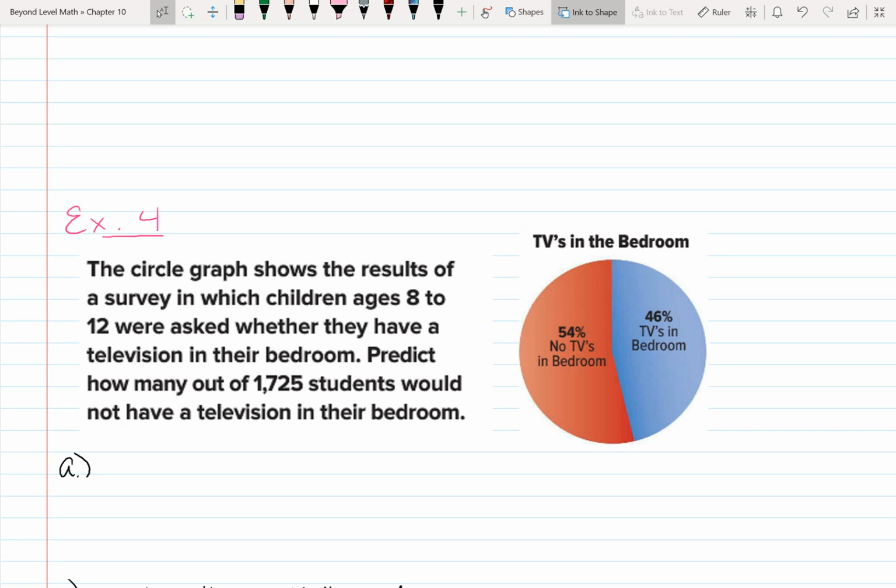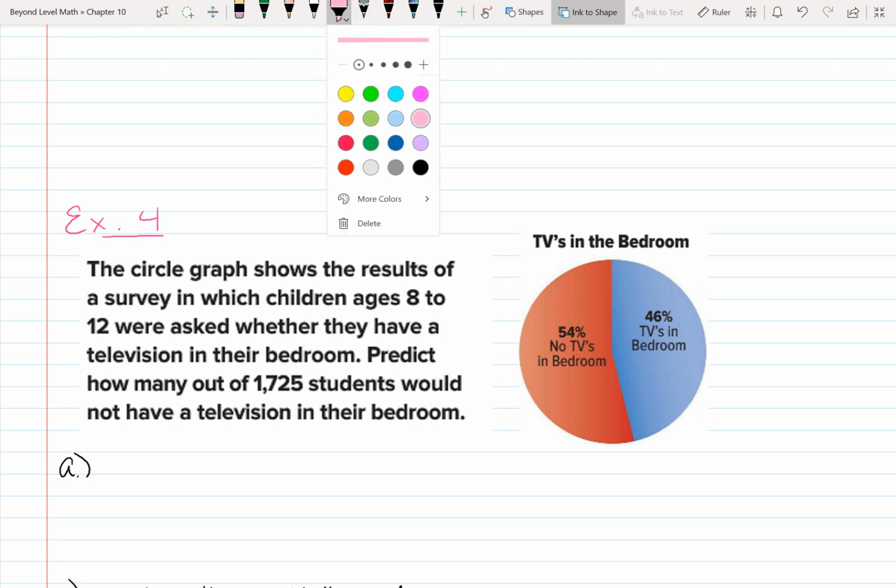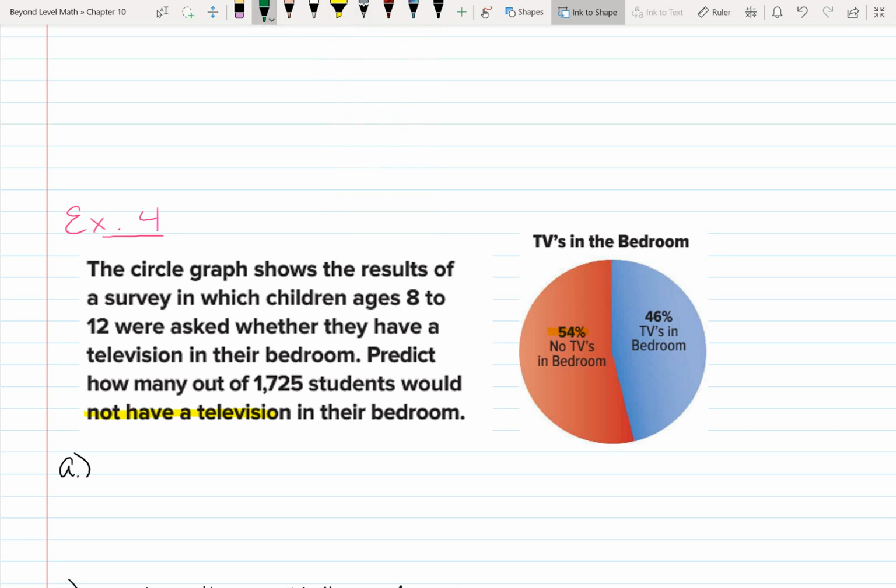So I will say our most common mistake is to use the wrong percentage. It says not have a television, so make sure you are using the correct number. Right now we're working with the 54%. Predict how many would not have a television. Alrighty, so we're going to take that 54%, convert it to a decimal, and multiply it.